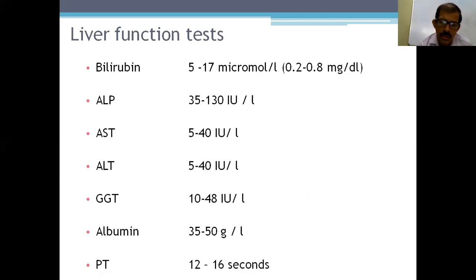We will use a control, and in relation to the control values, usually it will be about 13 to 14. If it is raised more than that, then we think it is increased. Of all these things, you have to remember bilirubin, alkaline phosphatase, prothrombin time, and albumin in surgery.